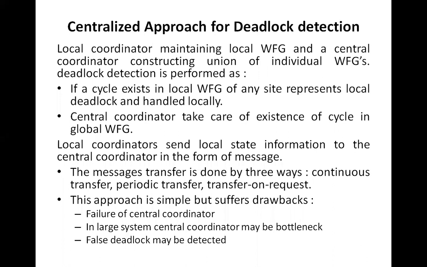Such a deadlock can be detected, as well as resolved locally by the local coordinator of that particular site. Second point is the deadlock involving the resources at two or more sites, which gets reflected as a cycle in the global wait-for graph. Such deadlocks are detected as well as resolved by the central coordinator.